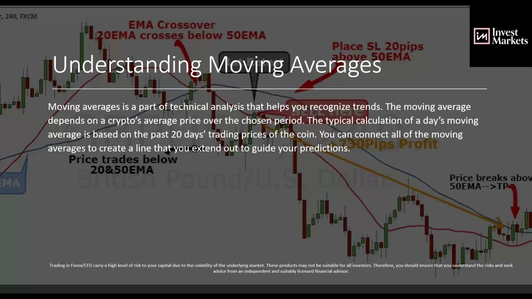If the end of hour 1 was 35, the end of hour 2 was 36, the end of hour 3 was 34, and we add them all together and they still come to 350,000, your moving average was still the same, okay? Even though the price was moving up and down, because what moving averages do is they take the noise out of the markets. They let you see more clearly.